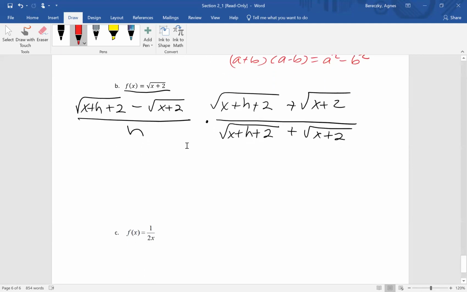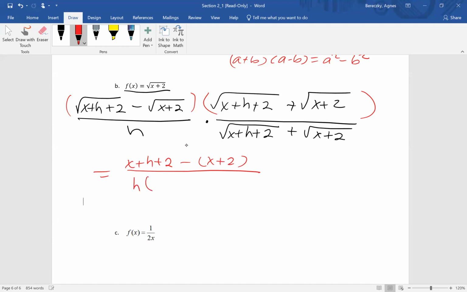So the numerator multiplied by the conjugate gives the square of the first term, which is x plus h plus 2, minus the square of the second term, and the square root disappears. And then in the denominator, we will have h times the square root of x plus h plus 2 plus the square root of x plus 2.